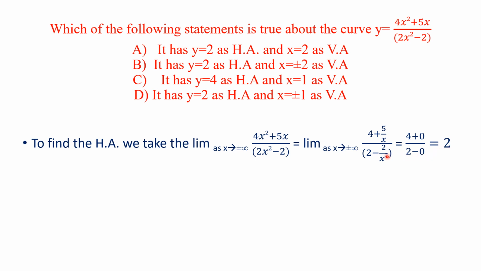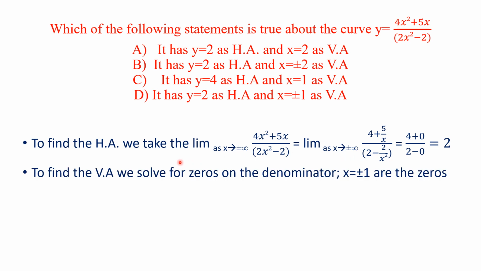Let's go ahead and look for the vertical asymptote. To find the vertical asymptote, we have to look for the zeros of the denominator. We can see that the denominator is 2x squared minus 2. We have to equate this to 0. That will give us 2x squared minus 2 equal to 0, which will end up as x squared equals 1.